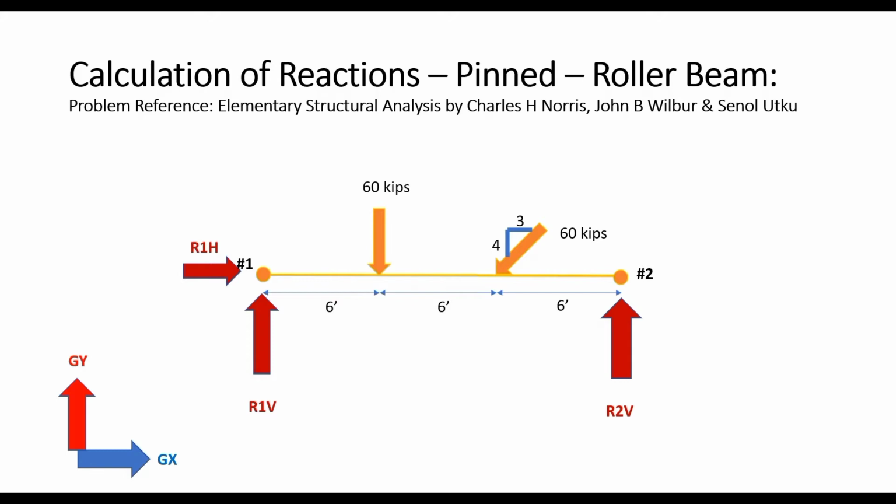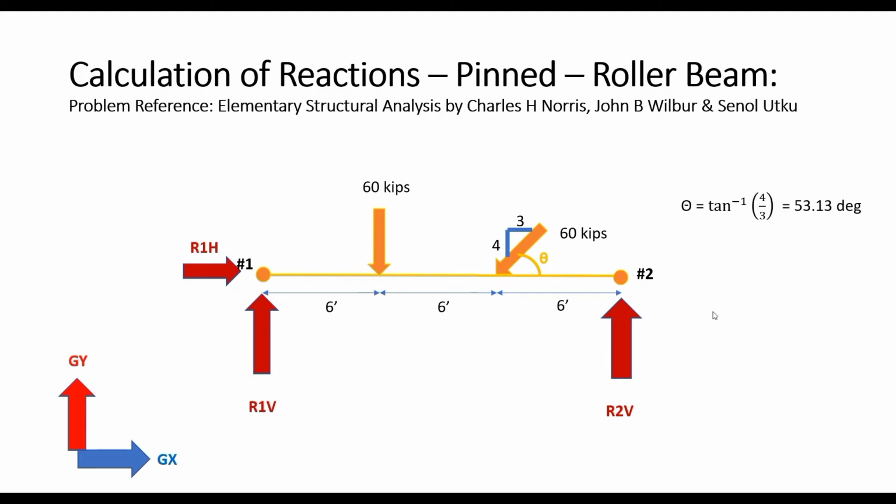Now, let us consider the inclined load be inclined at an angle theta. We already know that the load of 60 kips is inclined at a slope of 4:3. That would mean that the angle theta would be calculated as tan inverse of 4 by 3, which would be 53.13 degrees.